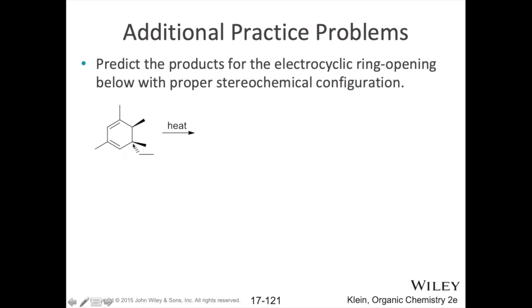Okay, so again, think about the molecular orbitals you're dealing with here. To get this stereochemistry with those six carbons, was there a conrotatory or disrotatory rotation? Okay. So try drawing those out, and again, see if you've got a conrotatory or disrotatory rotation.